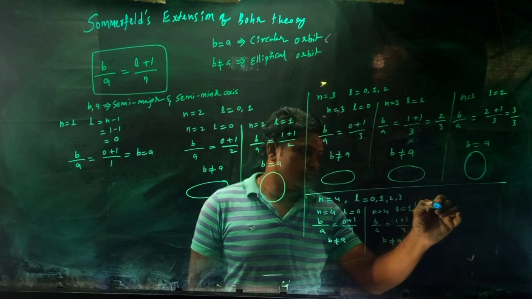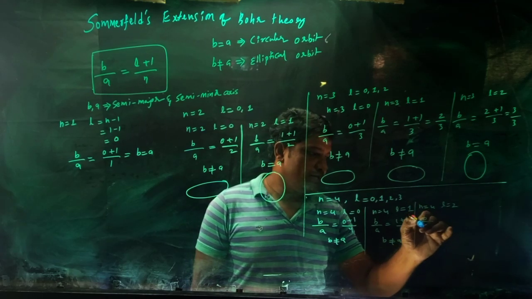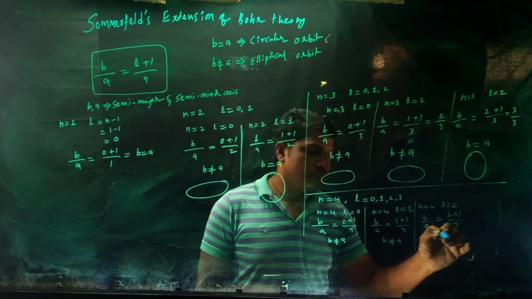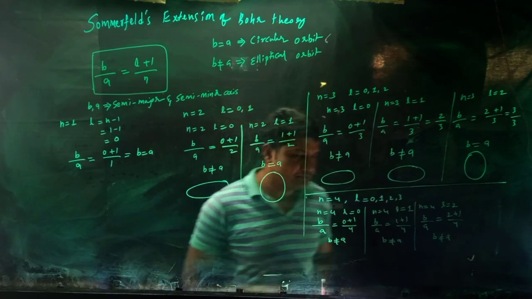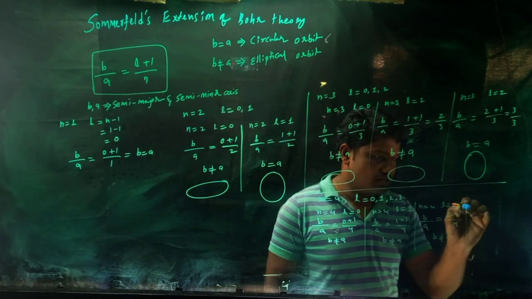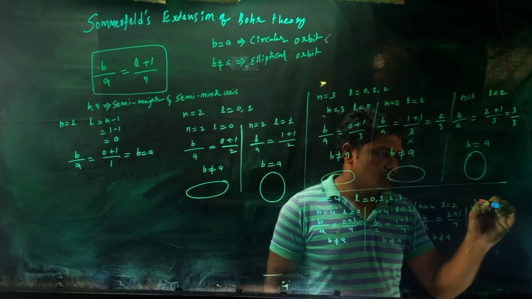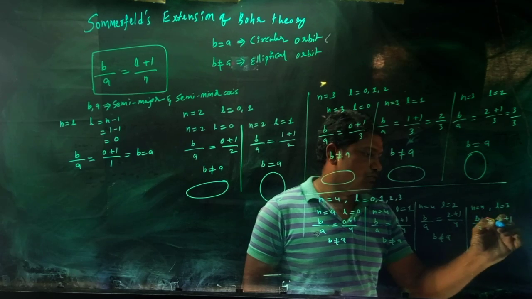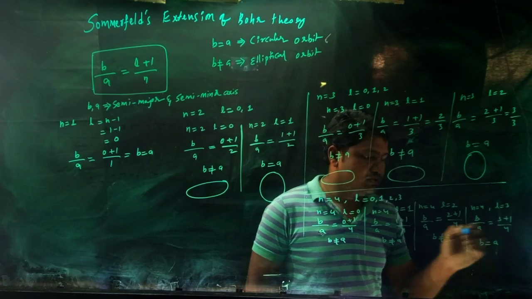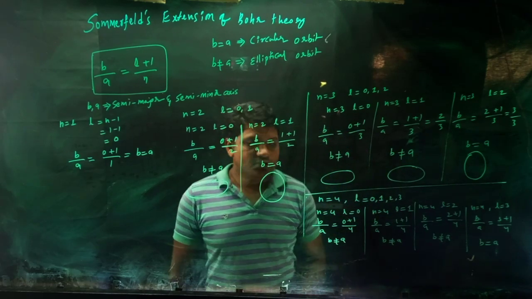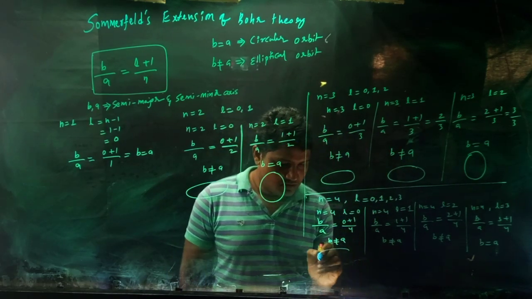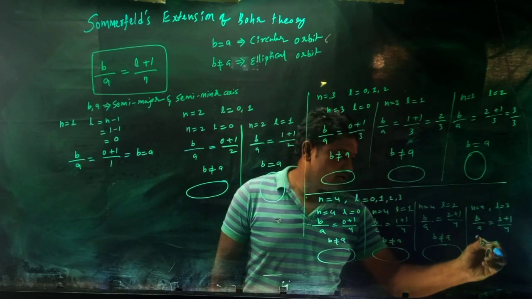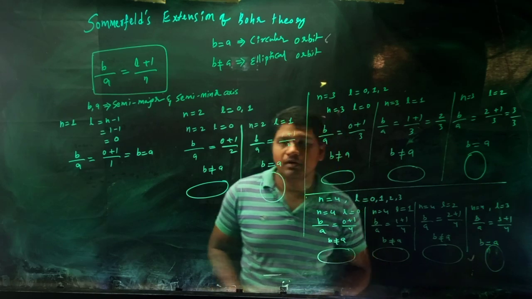For l equals 2, b by a equals 2 plus 1 by 4, so again b is not equal to a. The last condition, l equals 3, gives b by a equals 3 plus 1 by 4, so b equals a. So under this condition, we have three elliptical orbits and one circular orbit.